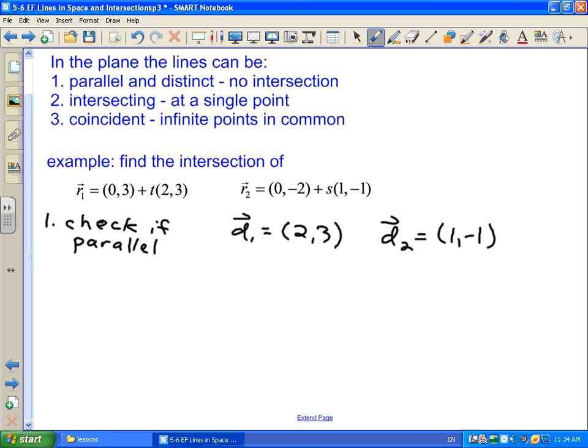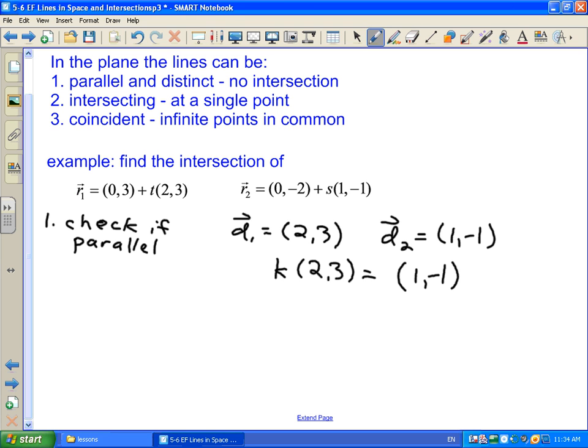So there should be some way that I can multiply d1 by some scalar k. So instead of writing d1, I'll just put 2, 3 here and end up with 1, negative 1.